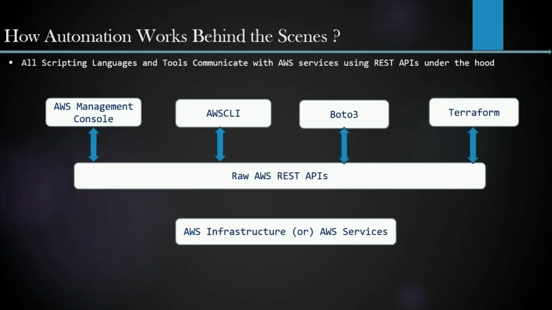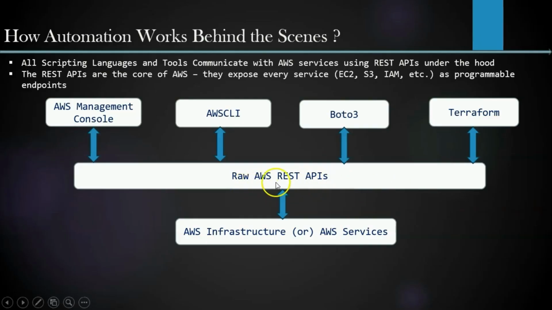So the raw AWS REST APIs are the core of AWS. They expose every service as programmable endpoints. And raw AWS REST APIs are developed and managed by Amazon.